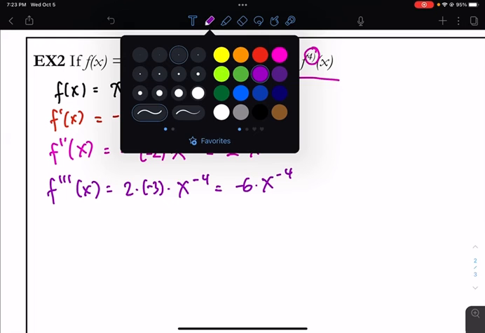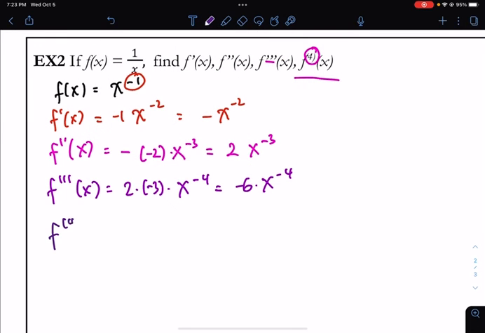And for the last derivative, the fourth derivative, multiply negative 6 times negative 4, and the power decreased by 1, and we got positive 24 x to the power of negative 5. Here you go.